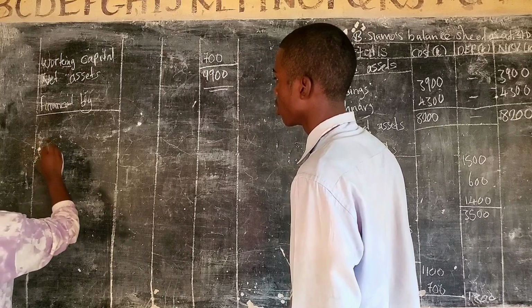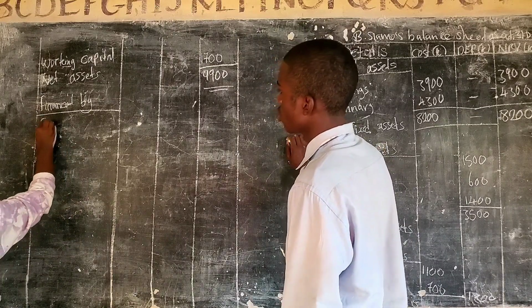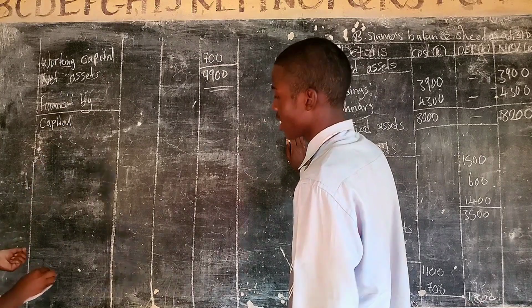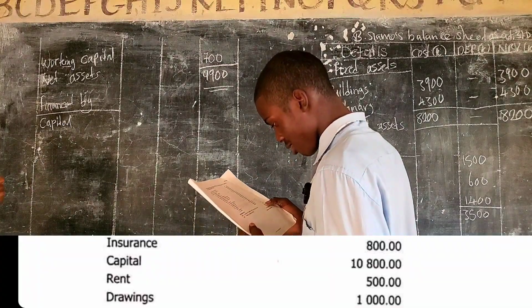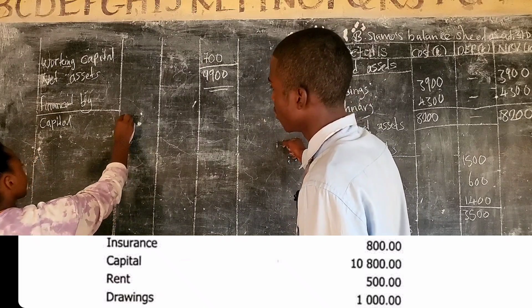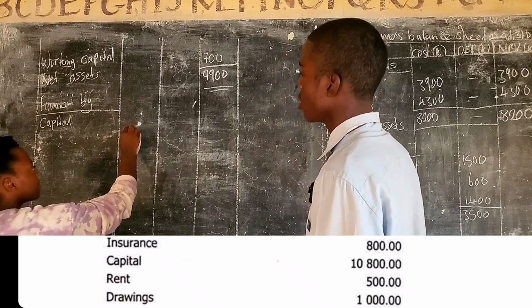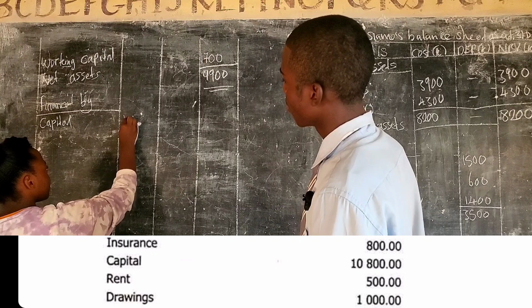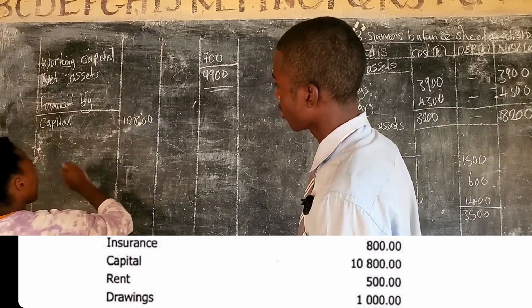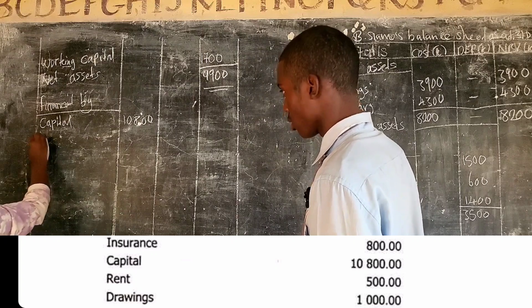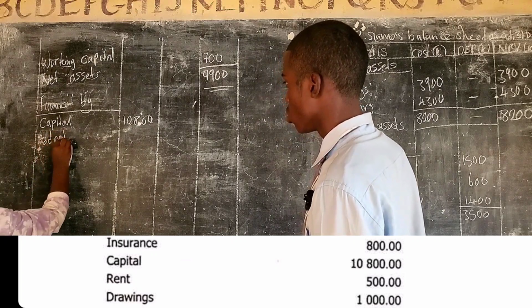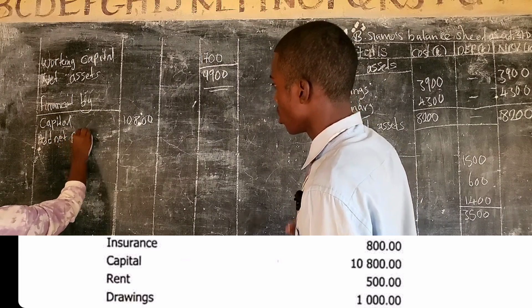So the next thing we're doing is capital. How much is the capital? 10,800. We say add net profit.